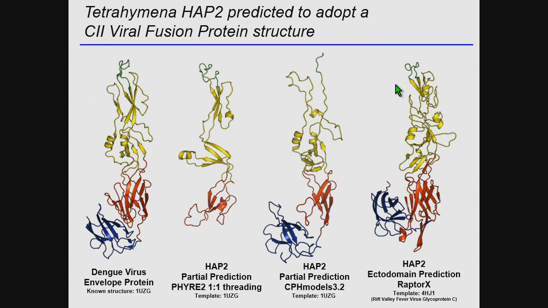You can see it's picked up in some of the other predictions here and here. And this is a very critical part of the viral fusion protein that allows basically punching into the target bilayer that's going to be fused to initiate a lipid mixing event, and is really the action zone of this protein.